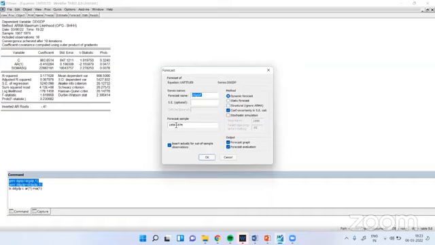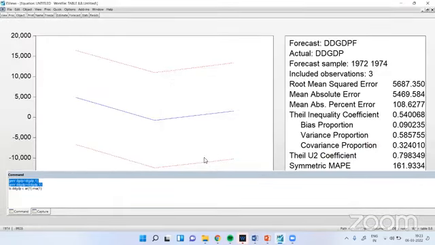We want to say that the model which we have created, DDGDP, do at least compare the last 2 years result. So 1972 to 1974 on the basis of the model which has been created. Click OK. And you will get the answer.